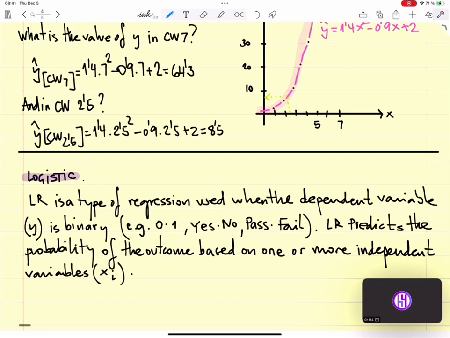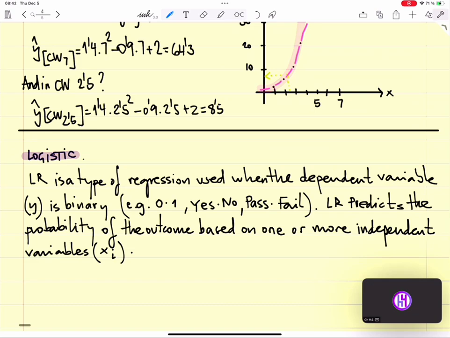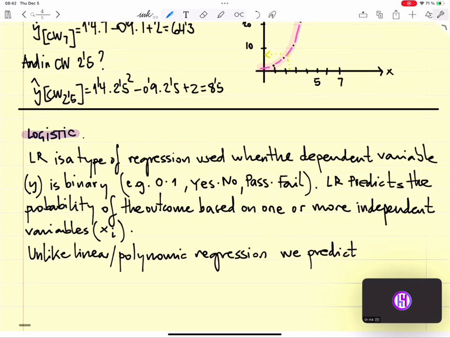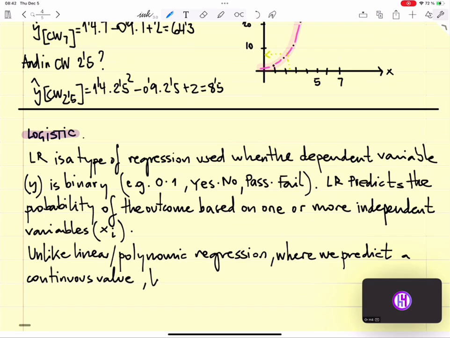In this case, we only use one. Unlike linear or polynomial regression, where we predict a continuous value, logistic regression outputs probabilities.